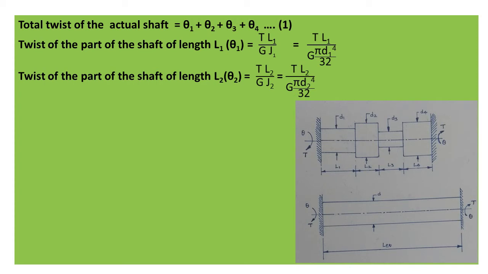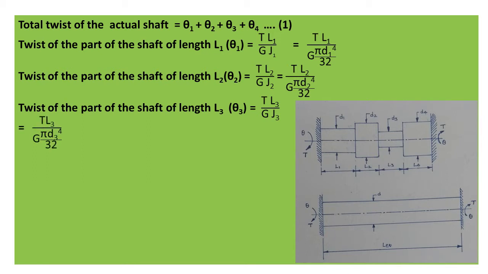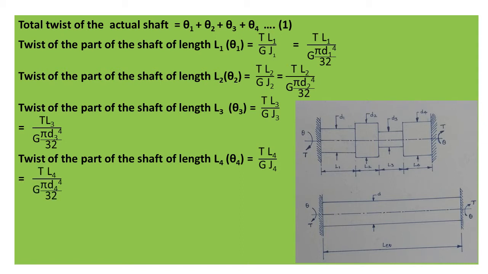Same way, twist of the part of the shaft of length L2, theta 2, equals TL2 by G pi by 32 d2 to the power of 4. Twist of the part of the shaft of length L3 equals TL3 by G pi by 32 d3 to the power of 4. Twist of the part of the shaft of length L4, theta 4, equals TL4 by G pi by 32 d4 to the power of 4.